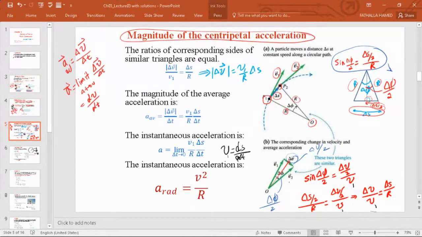So again, if you take sine of delta phi by 2, it will give you delta V by 2, which is the opposite to the angle, divided by the hypotenuse. And the hypotenuse here, V1 and V2, are the same. They have the same magnitude, and you can see that I'm not putting a vector on top of them. I'm just looking at magnitudes here. So what I'm saying is that sine of delta phi over 2 will equal delta V over 2 over V1 or V2, or I can just say V.